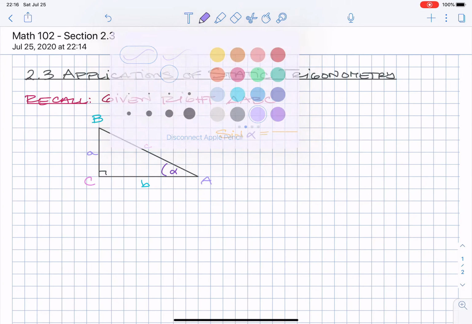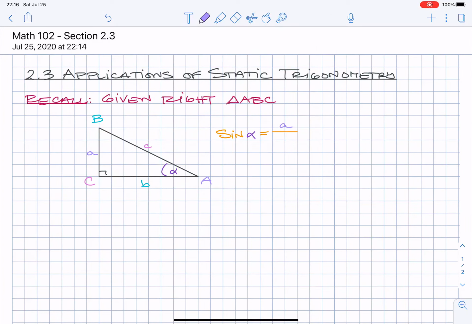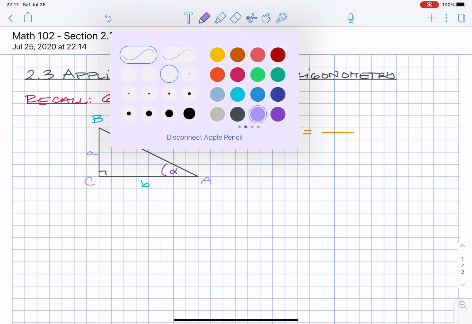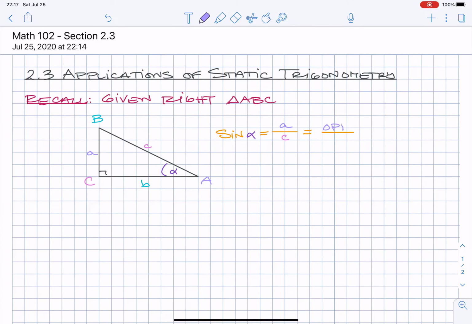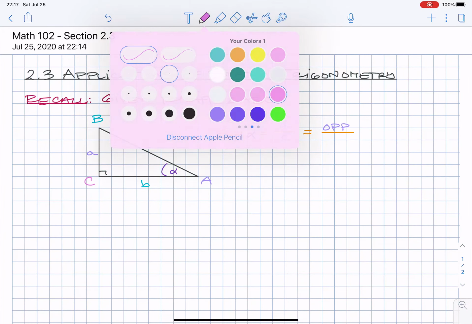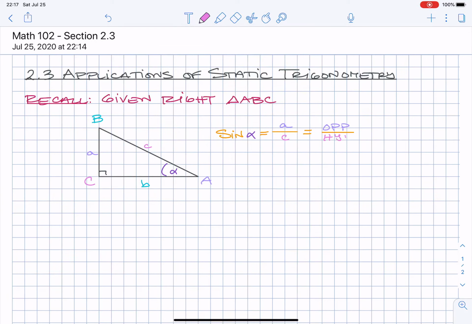So the side that's opposite angle alpha is A, and the hypotenuse is C. We can be really explicit about that. That's opposite (OPP) over hypotenuse (HYP), just to drive the point home.